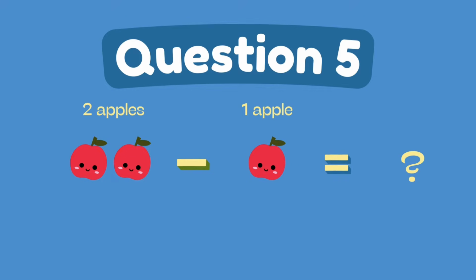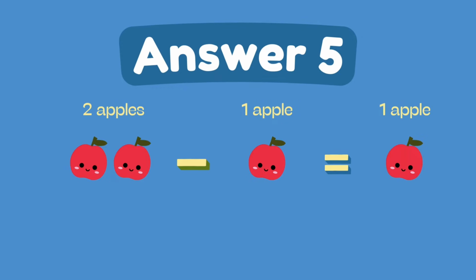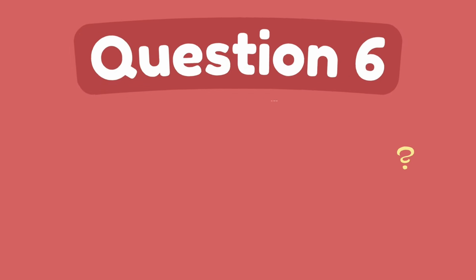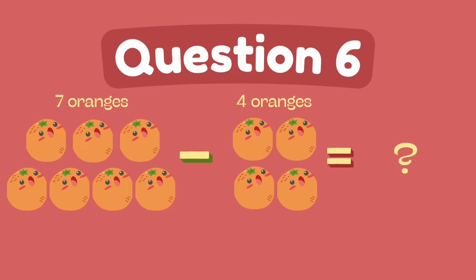What is 2 minus 1? The answer is 1. What is 7 minus 4?